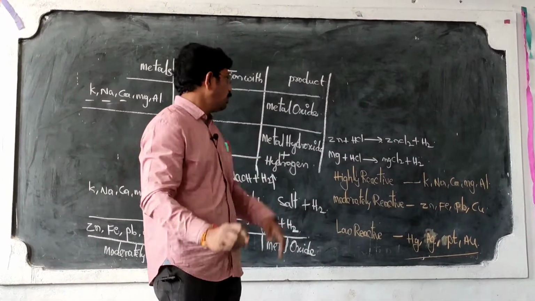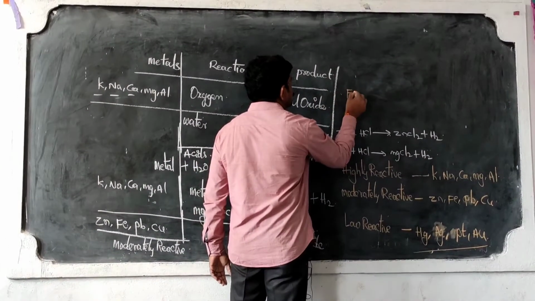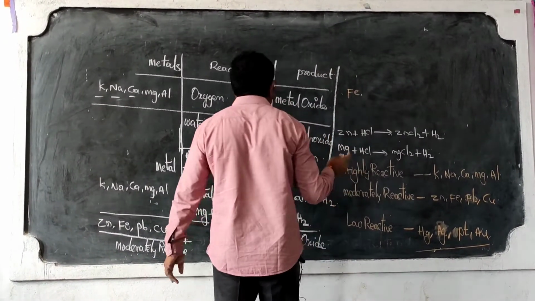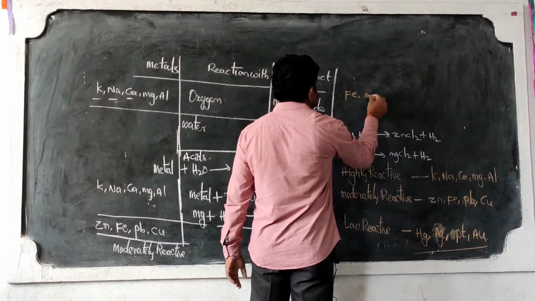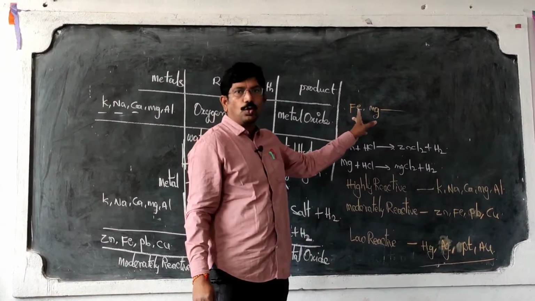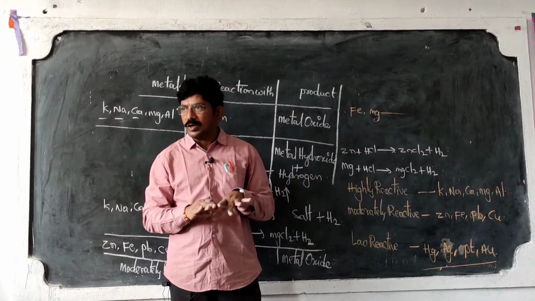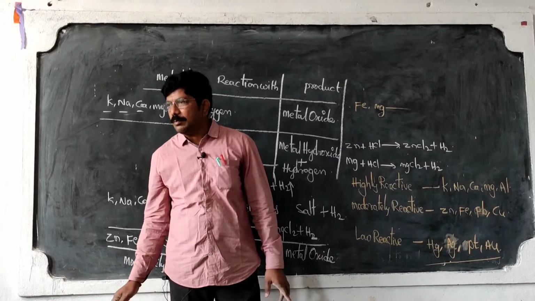Next, one more thing you have to remember. You take the case of iron, see this one, and magnesium. These metals do not react with cold water or hot water. They react with steam.